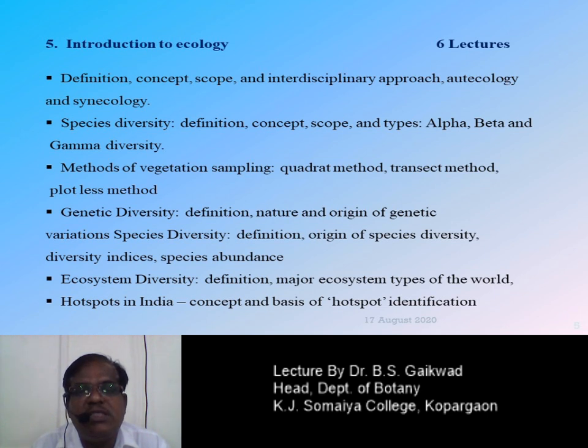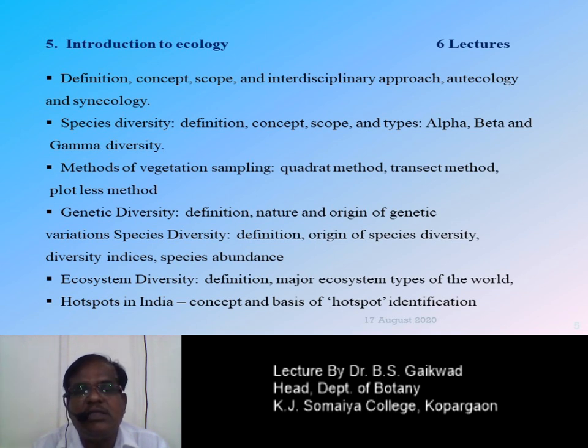Then species diversity, which includes the definition, concept, scope and types, particularly alpha, beta and gamma diversity, which is very important. Then methods of vegetation sampling, that is, the different types of vegetation study: the quadrat method, the transect method, and the plotless method.